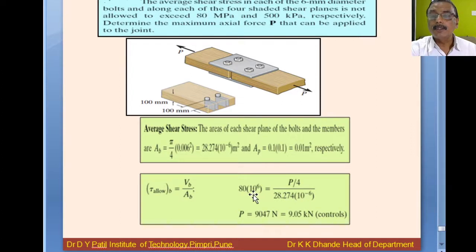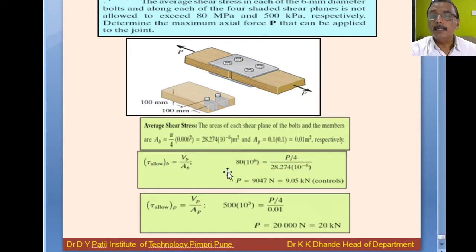So 80 into 10 raised to 6 equals P by 4 divided by 28.274 into 10 raised to minus 6. So P is equal to, after doing those calculations, 9047 Newton force in the first case.